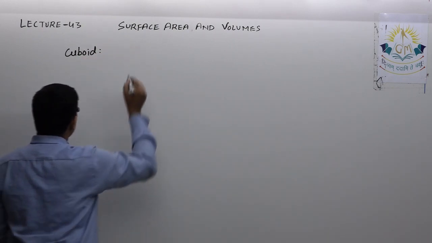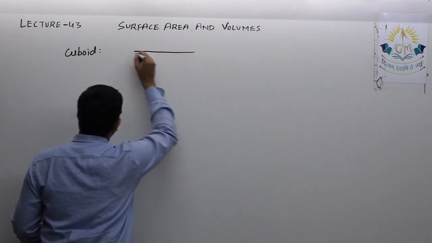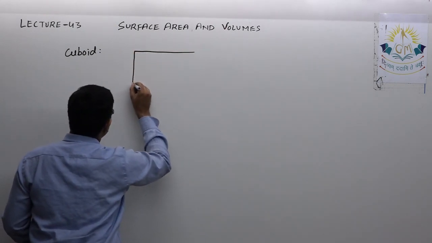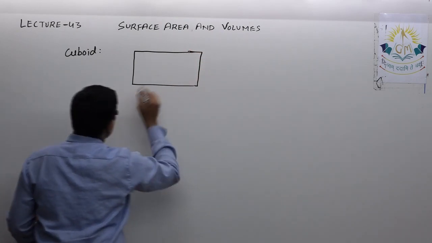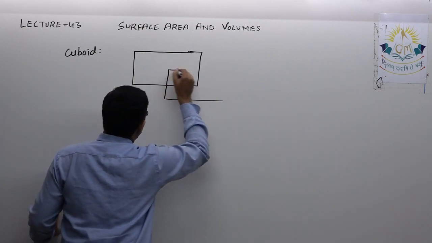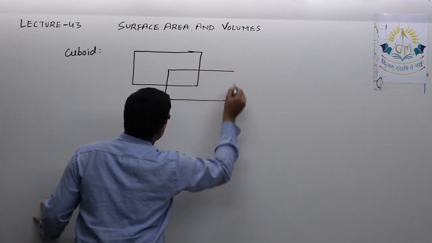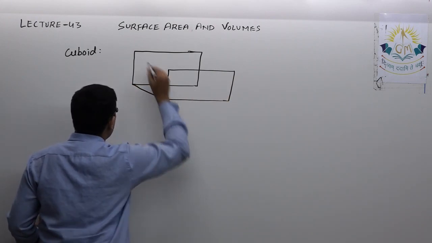So cuboid, if I draw its diagram, it will look something like this. It has six surfaces that you already know, and each surface is in the shape of a rectangle.